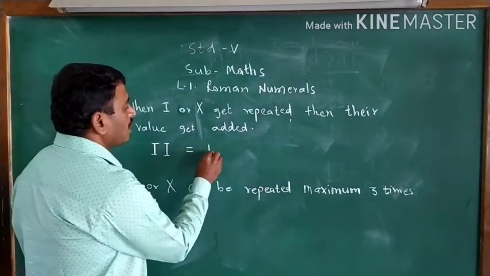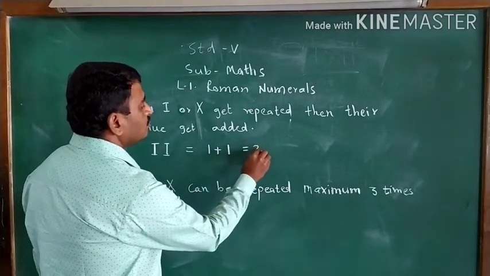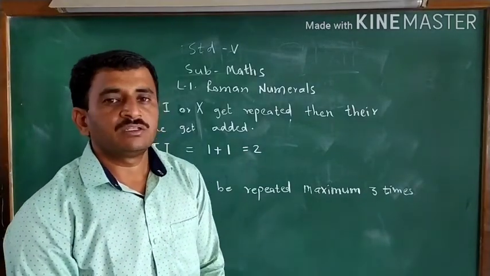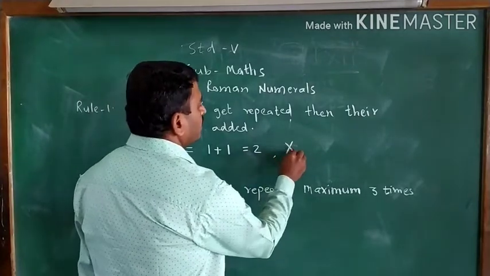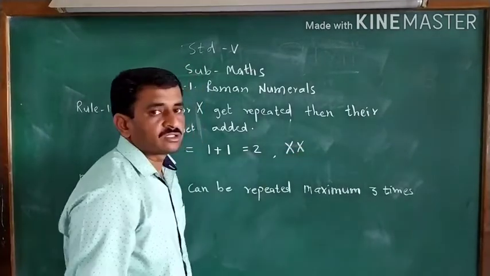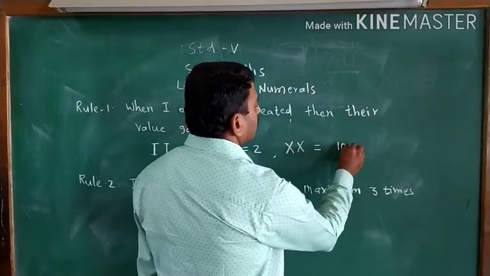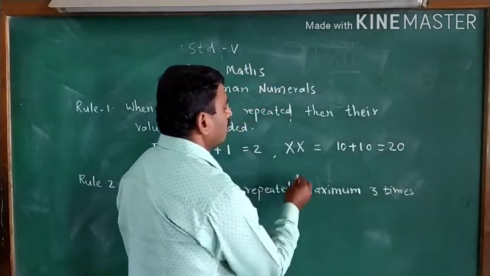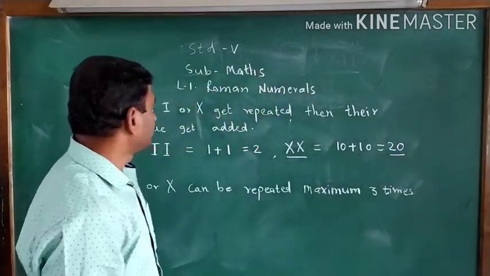Value of I is 1 plus 1, it becomes 2. When X gets repeated, then its value gets added. When we write X like this, then we have to add 10 plus 10 is equal to 20. So value of XX is 20.